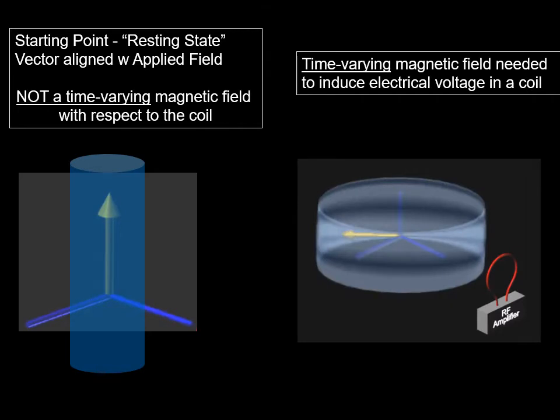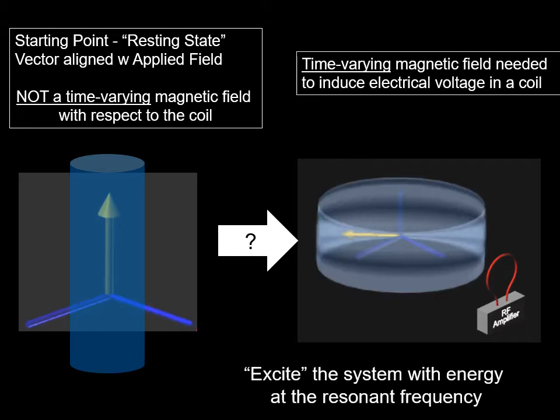What we need is the orientation shown on the right-hand side of the slide, where that magnetic cloud surrounding the bulk magnetization vector has a time-varying component around it and is capable of inducing an electrical voltage in the coil. So how do we get from the left-hand side of the slide to the right-hand side of the slide? We do this by exciting the system by imparting energy at the resonant frequency of the bulk magnetization vector.